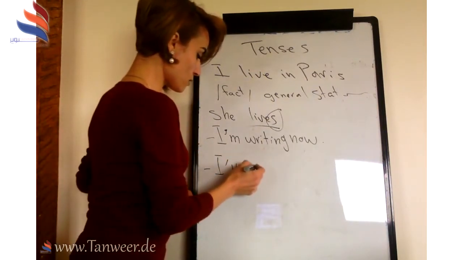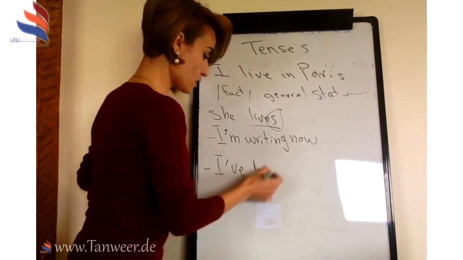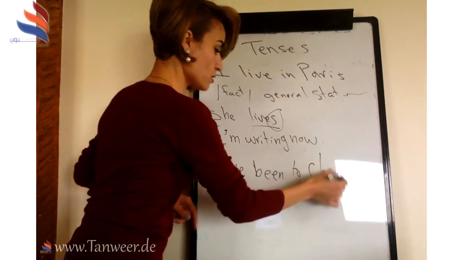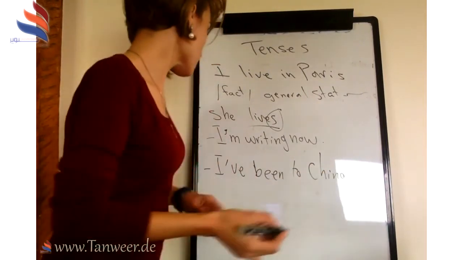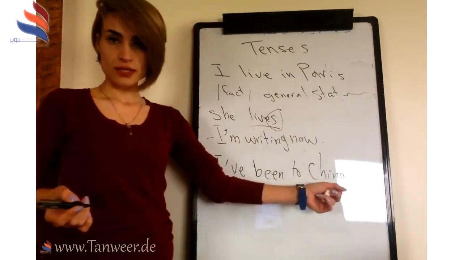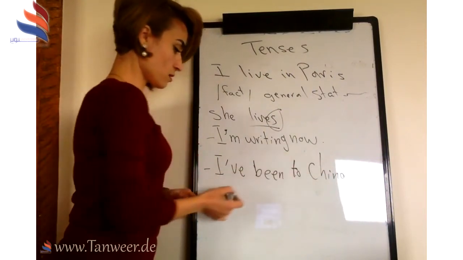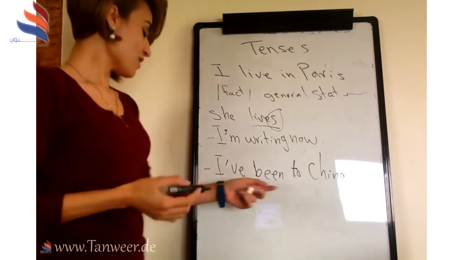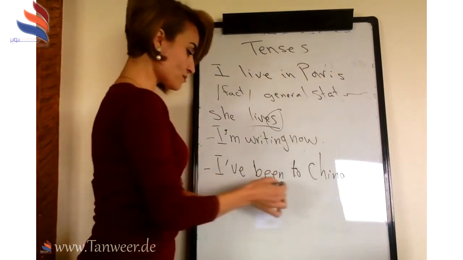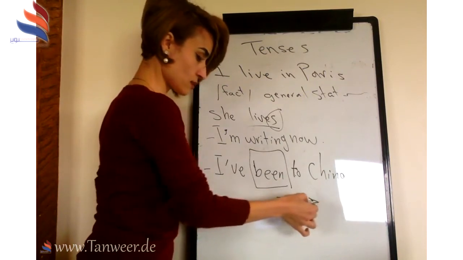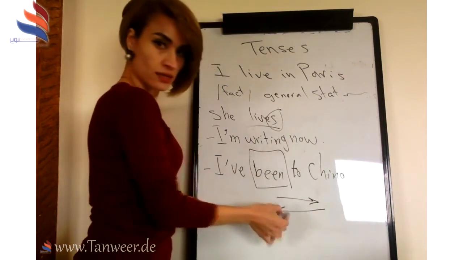Okay? The third sentence, I've been to China, since everybody's speaking about China now. I've been to China. No, I haven't, by the way. This been means like I went and I'm back.